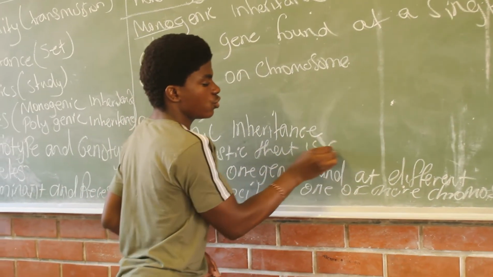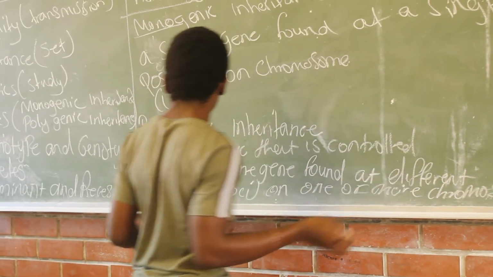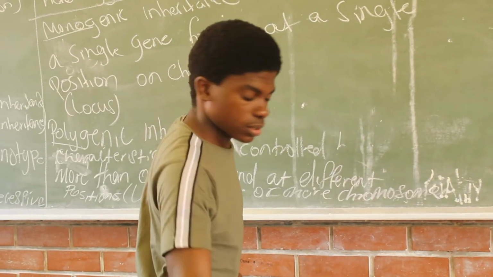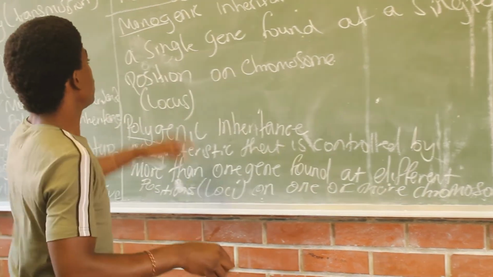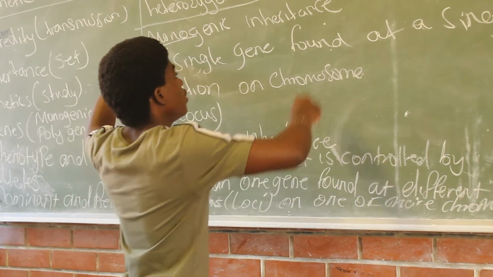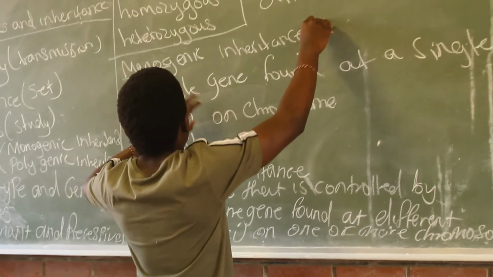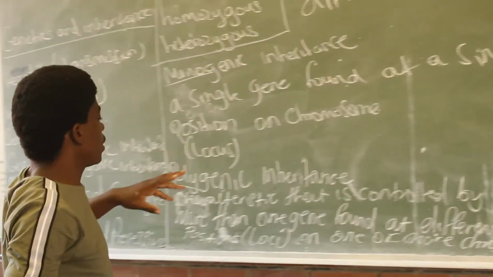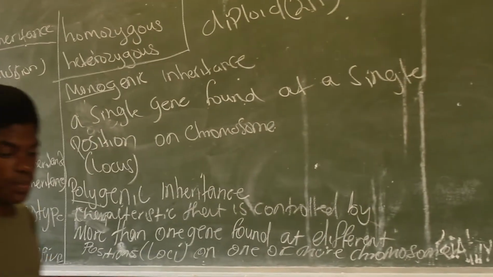Same goes for monogenic inheritance: it's a characteristic controlled by a single gene. Okay, I forgot to write that, but okay. So that is polygenic and monogenic inheritance.